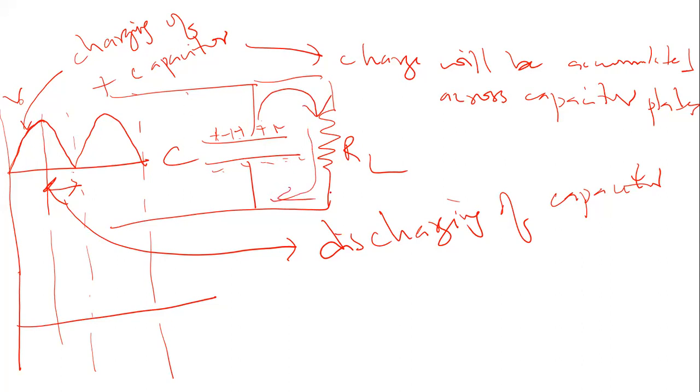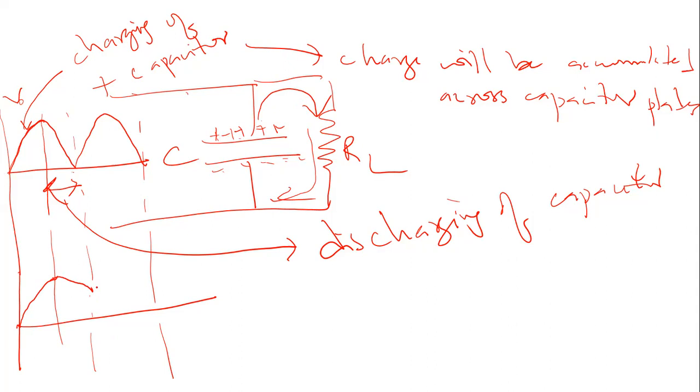Because of this discharge current, the accumulated charges from the capacitor flowing across the load resistance, instead of the voltage or current falling down across the load resistance, you will find something like this. This is the charging process, and during the discharge, the discharging of the capacitor will prevent the current across the load resistance from dropping down to zero.